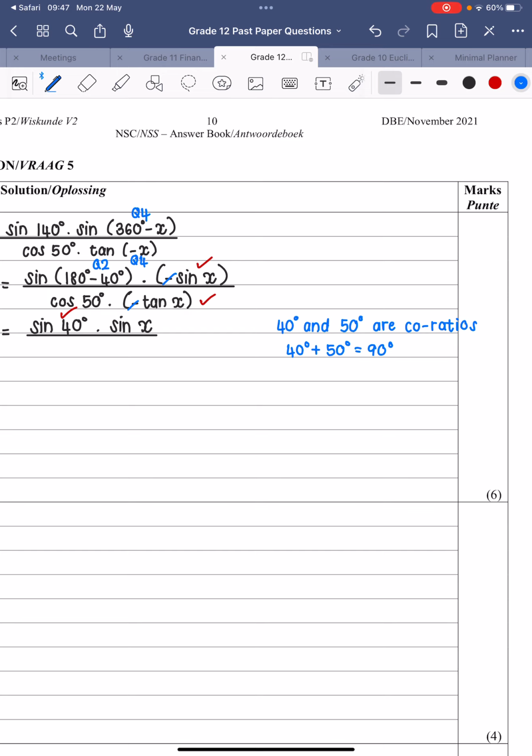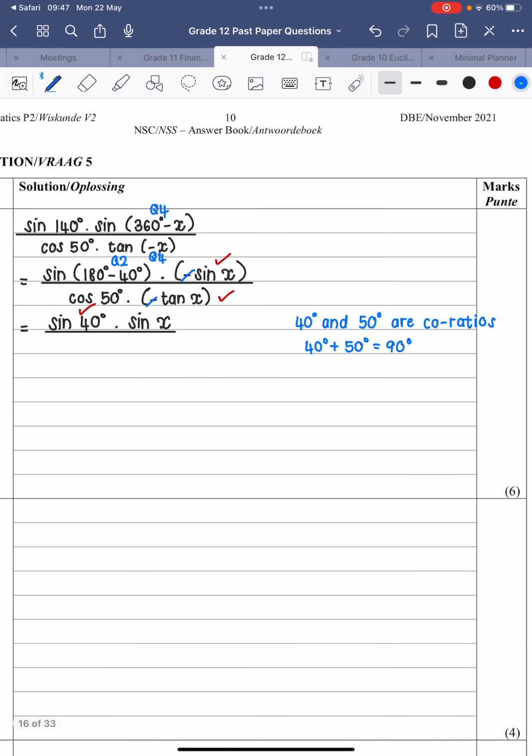And do we remember from grade 8 or something, if 2 angles add up to 90, they are complementary angles? That's where co-ratios come from, complementary ratios. They add up to 90 degrees. So guys, what that means is I can actually change cos 50 to sine of 40. So you can change this cos at the bottom to a sine.